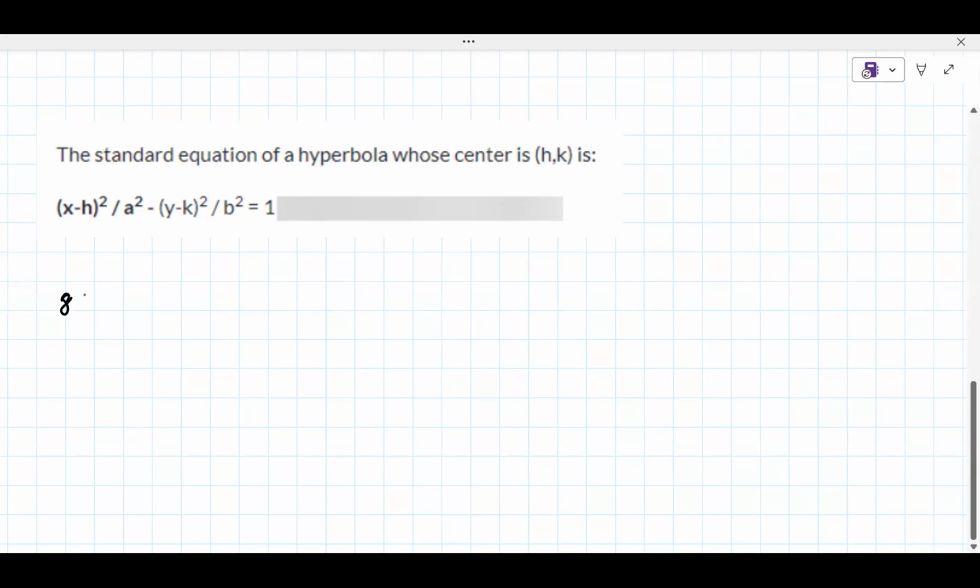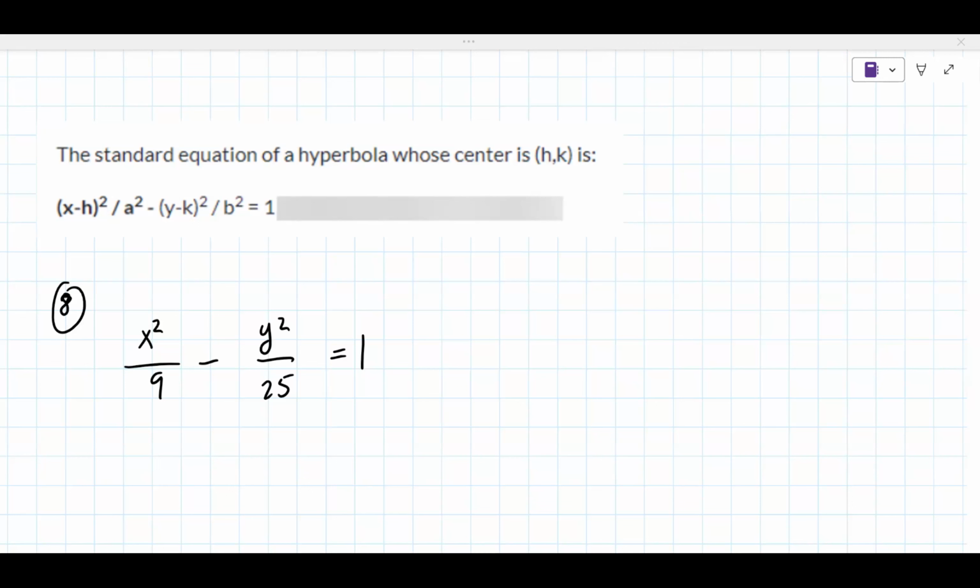So for number 8, you have an equation x squared over 9 minus y squared over 25 equals 1. And there was something in the class notes that said which one is subtracted from the other. It says if y is subtracted from x, then it opens left or right.